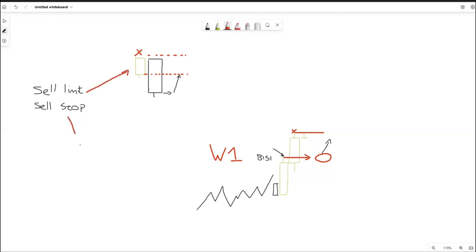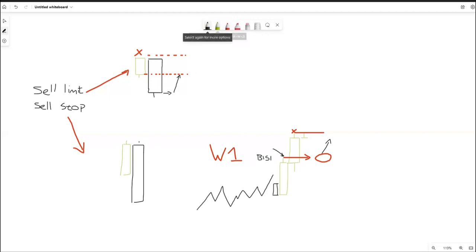Obviously, with a sell stop, it works a little bit differently. So in the same structure, if we have the same sort of setup, we have a bullish candle and then a bearish order block like this. And this is our order block, that's our high over here.